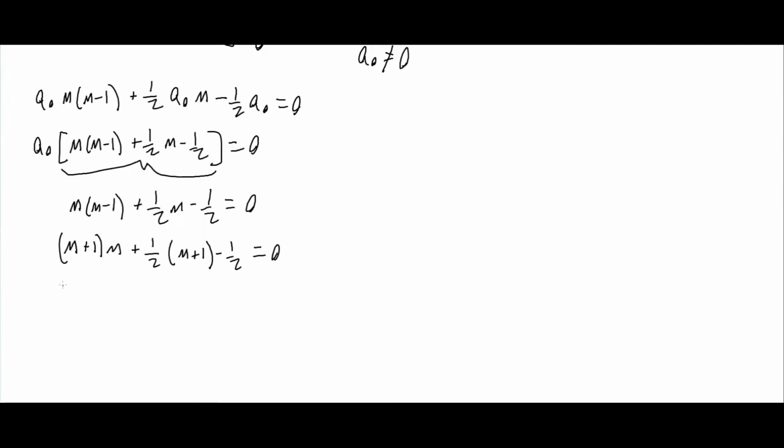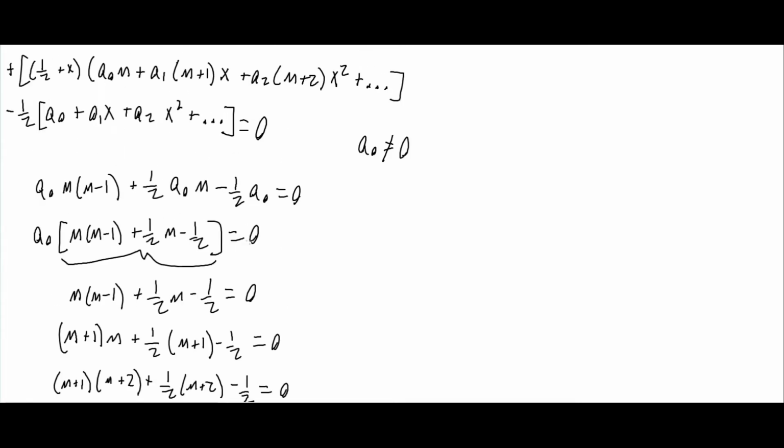For the a sub 2 terms, we will get m plus 1 times m plus 2 plus 1/2 times m plus 2, and then minus 1/2, and that equals 0, and so on. So we could do that to infinity, really, because there are an infinite number of these.